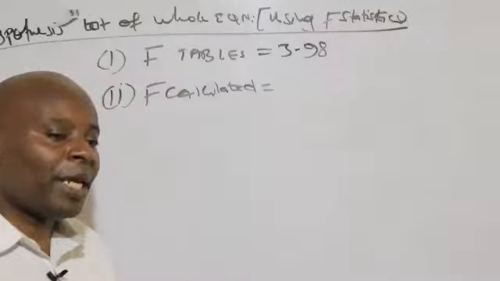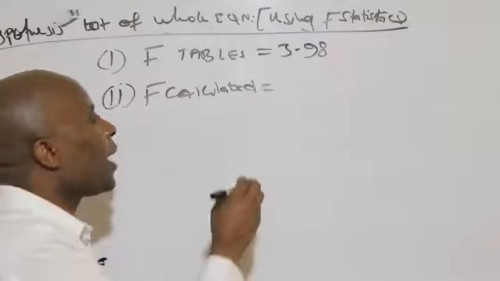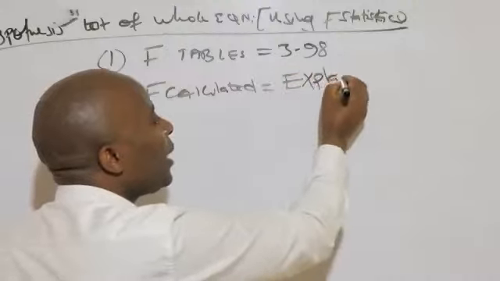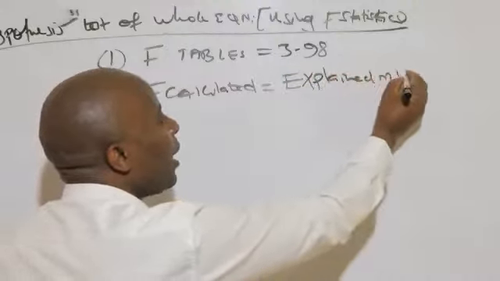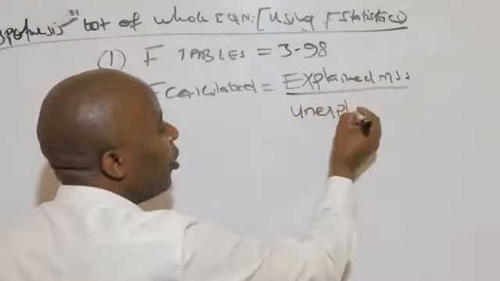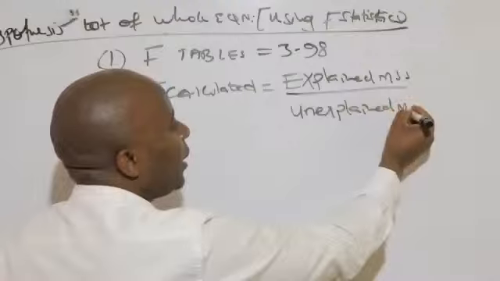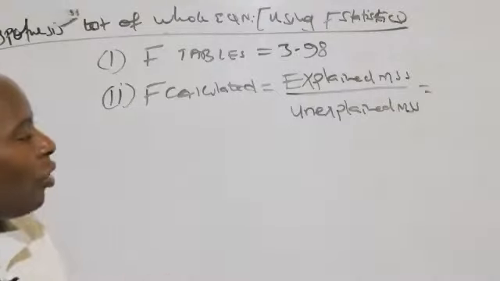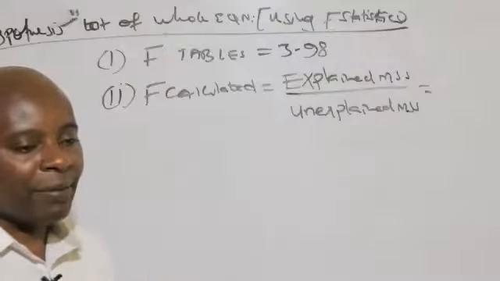We have to be in a position of remembering how it is computed. We normally compute it by taking the explained MSS all over the unexplained MSS.